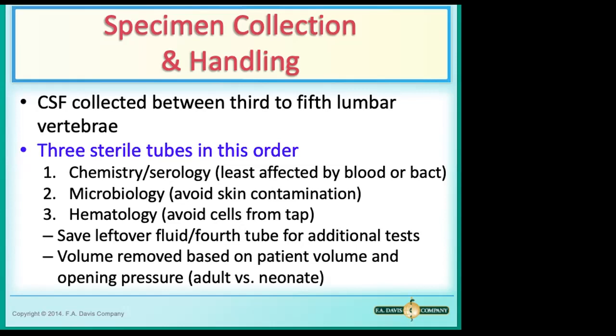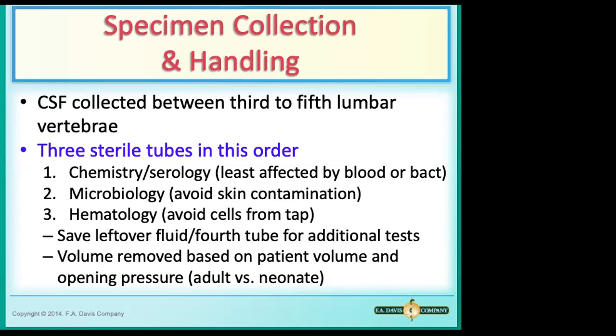Tube number 1 is used for chemical and serologic tests, because these tests are the least affected by blood or bacteria that get introduced into the tubes because of the spinal tap procedure. It's hard to avoid having a little bit of contamination in there.